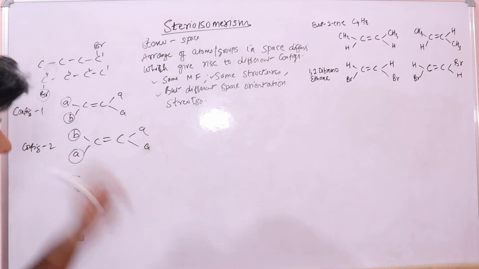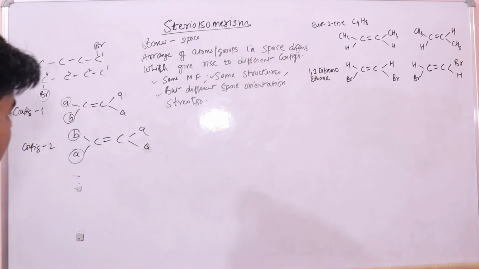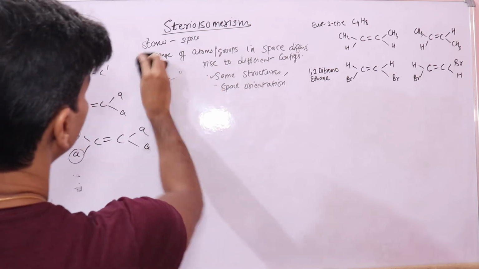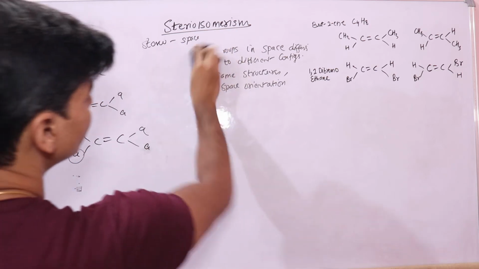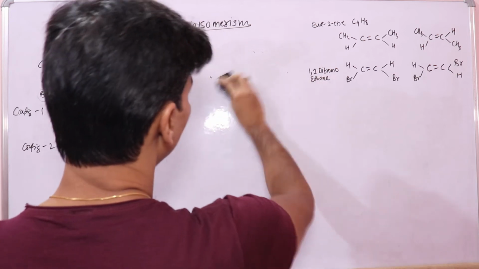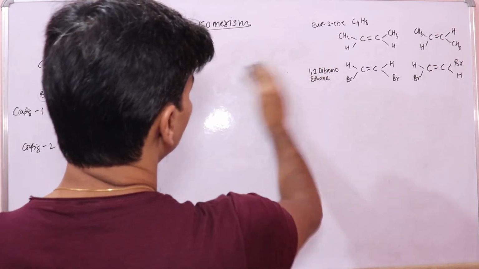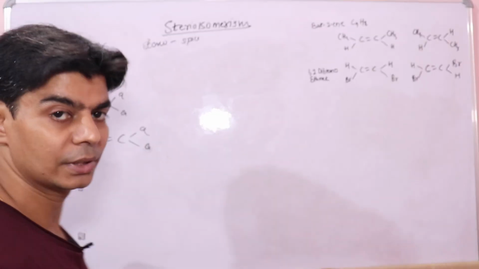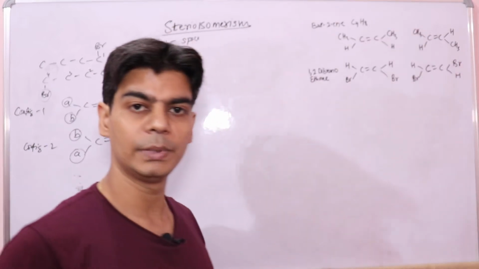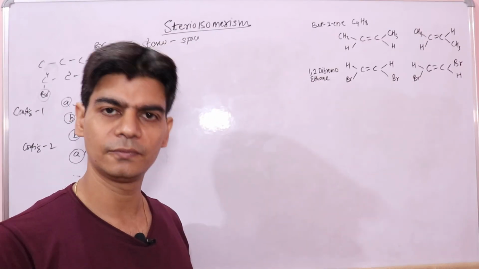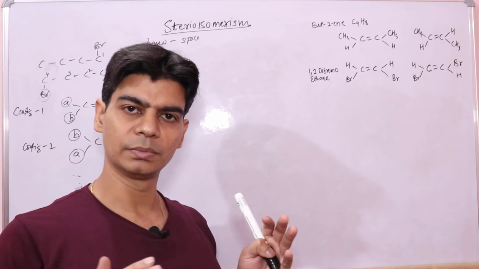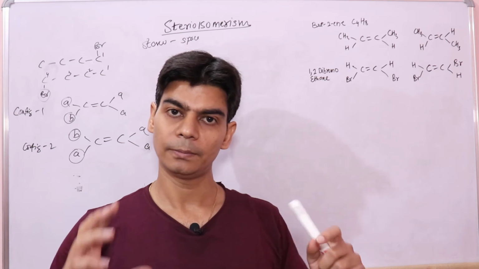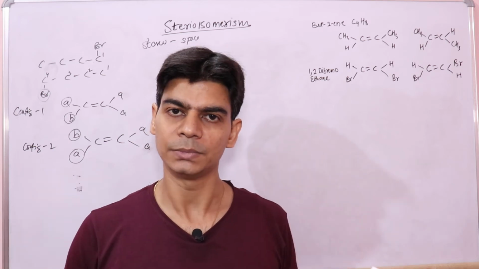Now, the first type of isomerism that we will look at is your geometrical isomerism. Geometrical isomerism is found in those compounds that have carbon-carbon double bond, or maybe a double bond between carbon and nitrogen, or a double bond between nitrogen nitrogen, right? So majorly we will first look at those stereoisomers that have carbon carbon double bond and what give rise to the fixed arrangement of atoms in space.